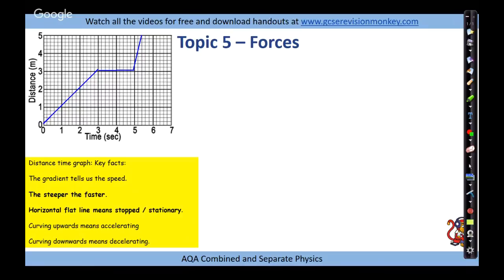And that's because the gradient tells us the speed. So the steeper the line, the faster. A horizontal line means stopped or stationary. If we've got a line which starts to curve upwards, that will be accelerating. And if we get a curve which is already going up but now starting to curve to the flat, that's going to be decelerating.